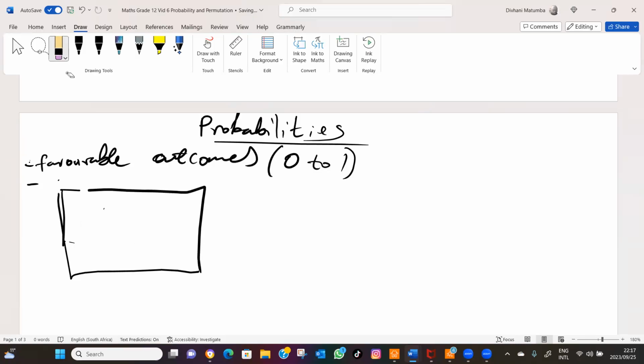Let me draw properly, guys. I want it to be a bit bigger.